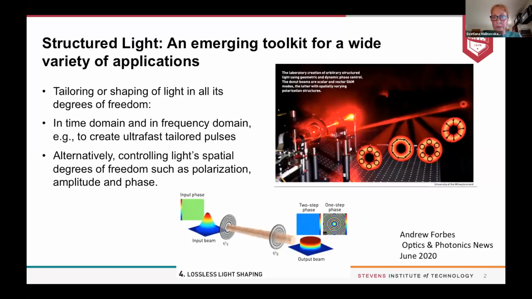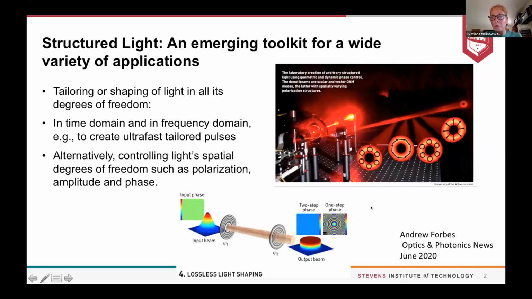For example, on this figure, this is the structured light donut type of shaping of spatial degrees of freedom. And the arrows may show different polarization structures within this spatially modulated light.